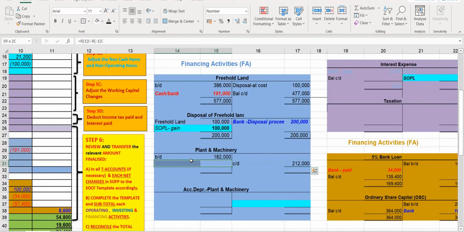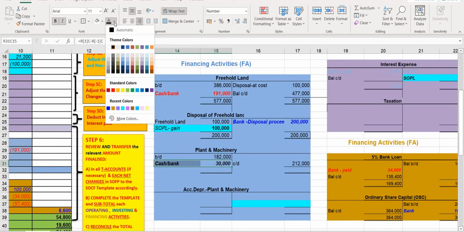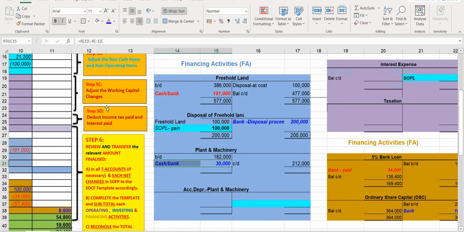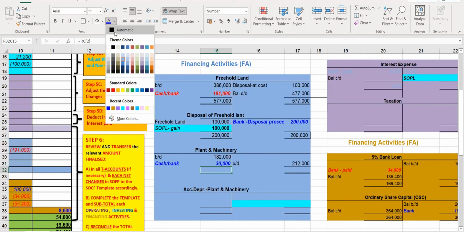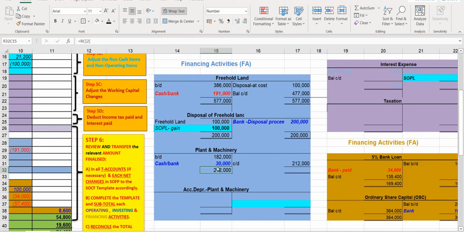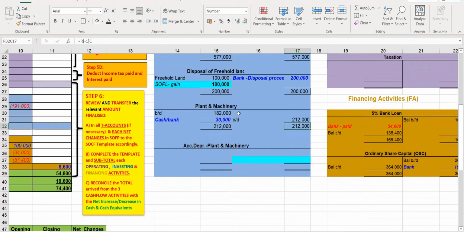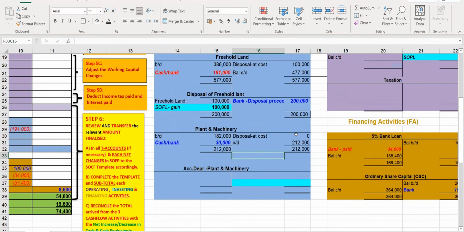Here you know that the change was due to the payment of cash to purchase more plant and machinery. In this question, there is no disposal of plant and machinery, so you just have the total on the debit side and the total on the credit side to be 212. If there is any disposal, you need to include it here, but in our case, the disposal at cost was zero.